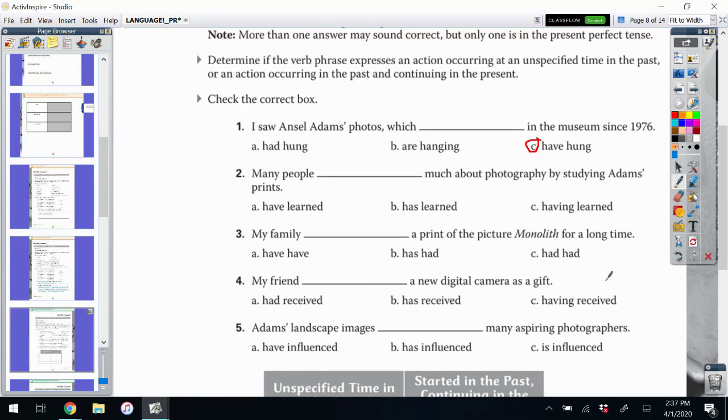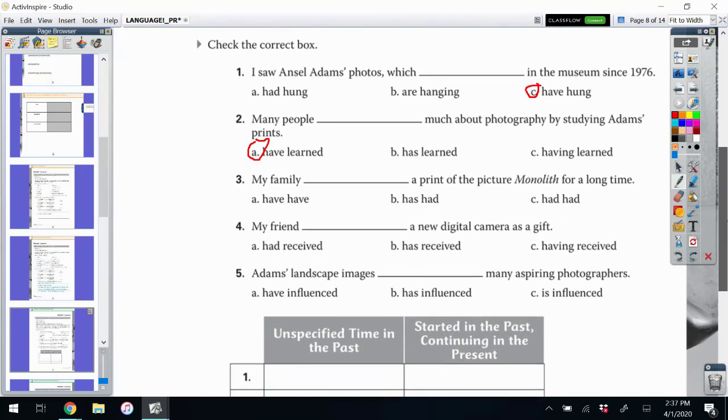Good. Number 2, many people blank much about photography by studying Adams's prints. If you said have learned, you are correct. Number 3, my family blank a print of the picture monolith for a long time. Yep, has had.